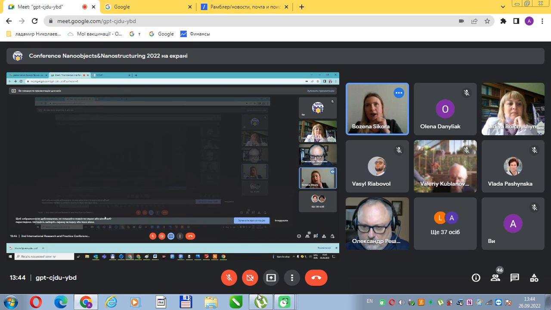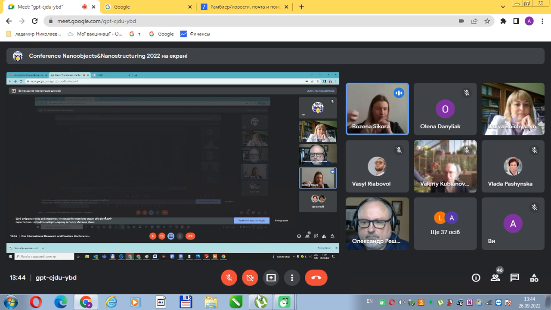Yttrium ions have a similar size to other rare earth ions. Yes, we have these results.